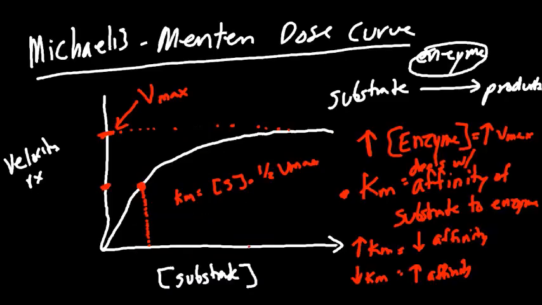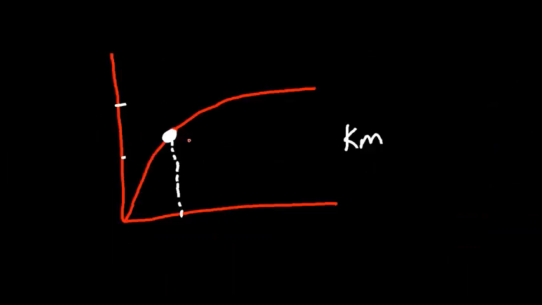Now, like I said, a high Km means a low affinity. What does that mean? It means we're pretty high. I mean, we have a lot of substrate here. If we move this Km down, if the Km is now here, we need a lot less substrate to reach 1/2 the Vmax.